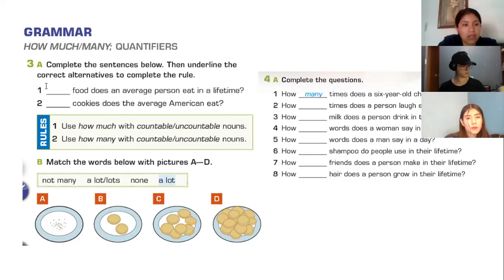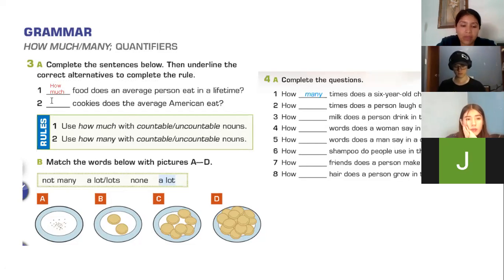Very good. How much food does an average person eat in a lifetime? And then number two. How many? Thank you.